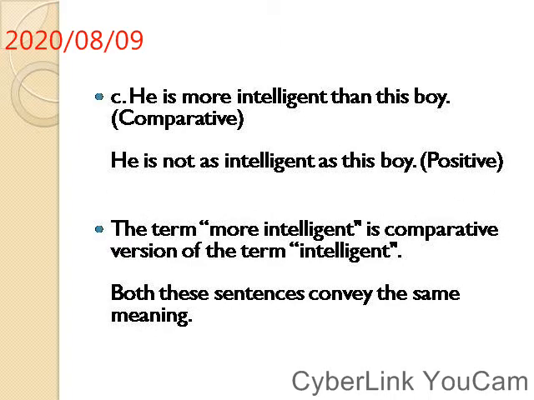Now, he is more intelligent than this boy. More intelligent than, more and than, comparative degree. He is not as intelligent as this boy. This is positive degree.